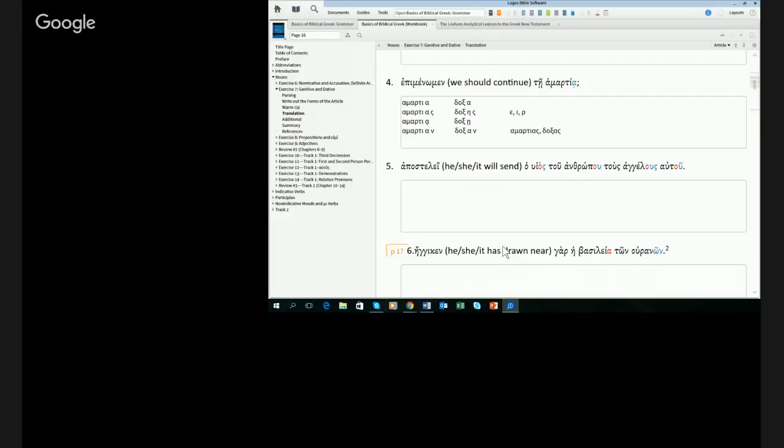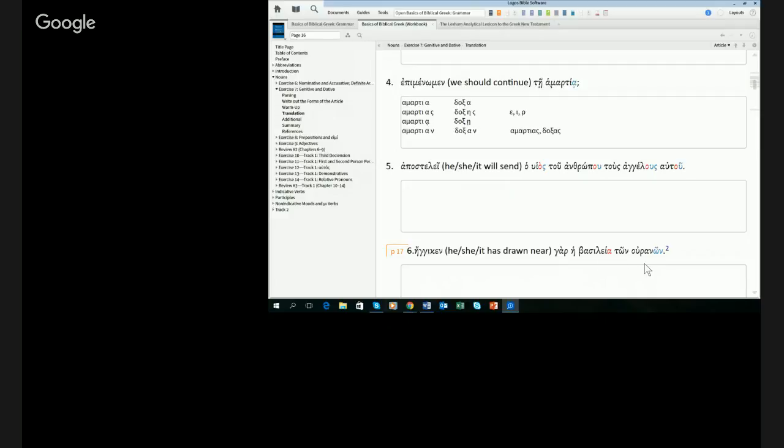So the son of man will send tus angelus, second declension, as we can see from the omicron. Upsilon sigma is the accusative plural ending. The article confirms. So tus angelus, the angels, autou, genitive masculine singular, of him.